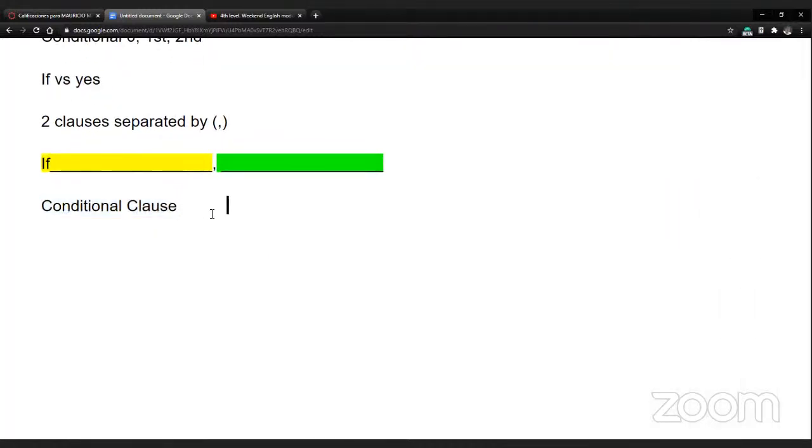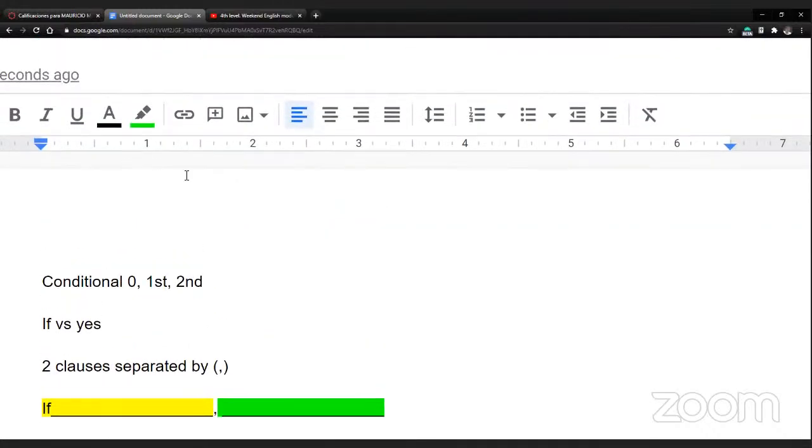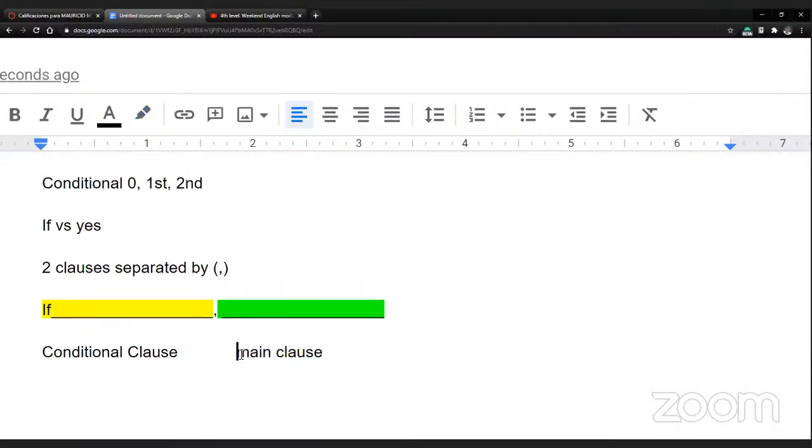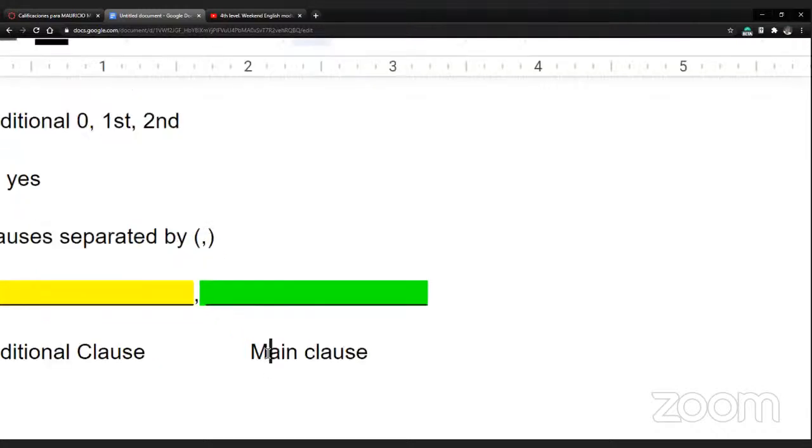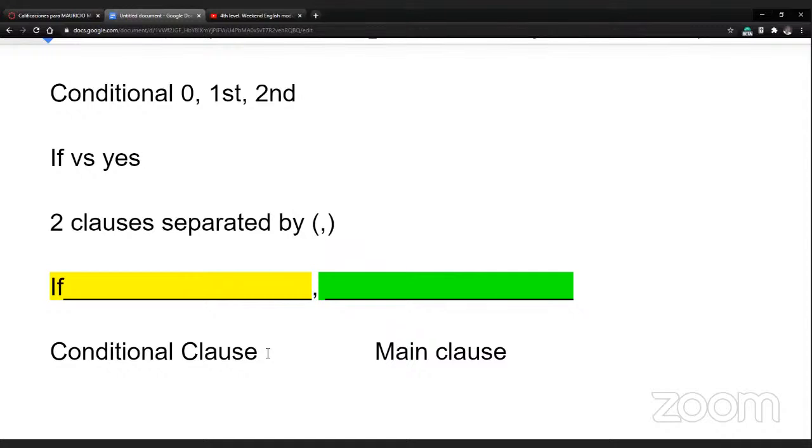And the other one is called main clause.